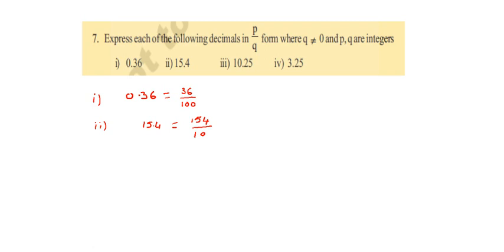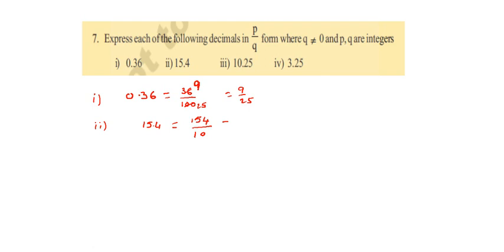But these two are not in the simplest form. Hence, you may cancel the common factors, 4 9s are 36 and 4 25s are 100. That is equal to 9 by 25. This is the simplest form of the p by q for 0.36.